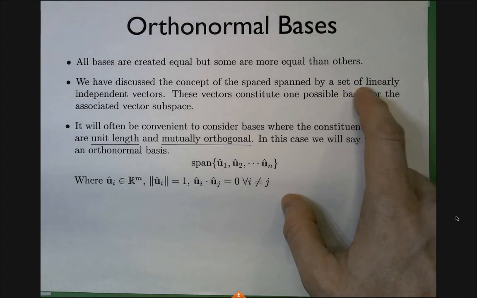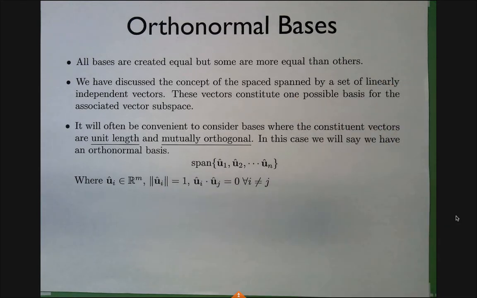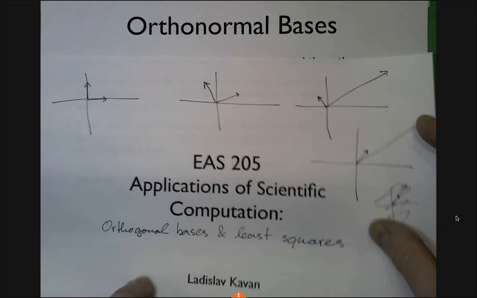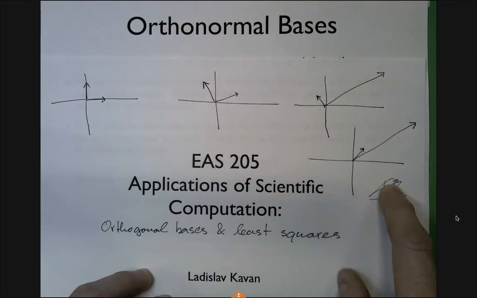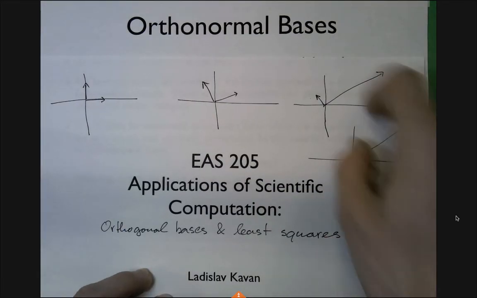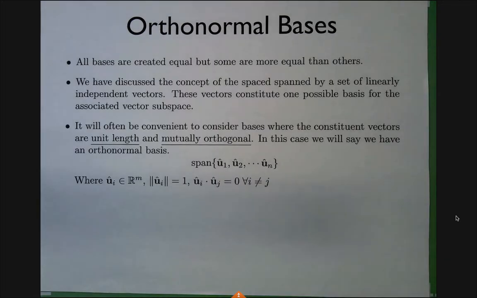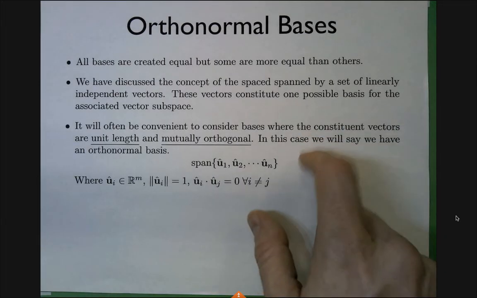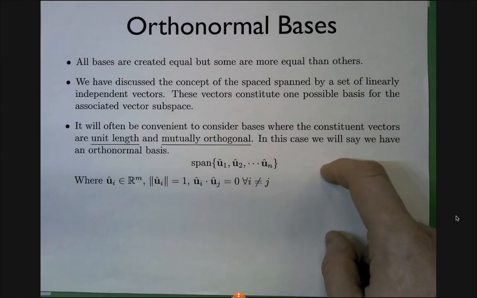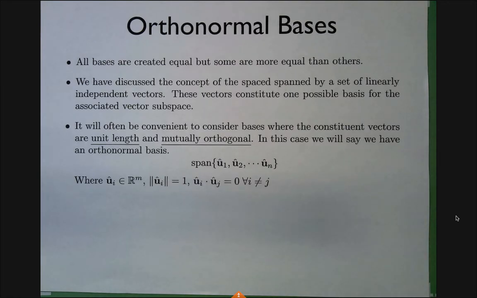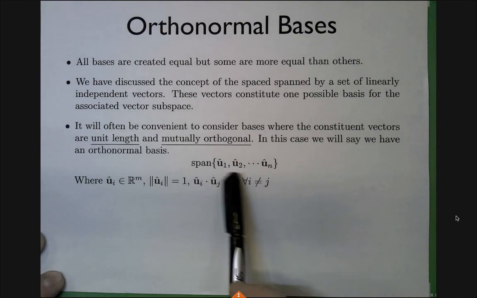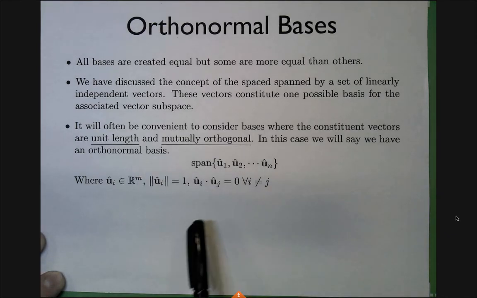A basis is, by definition, any set of linearly independent vectors that spans the entire vector space. So that's why all these choices here are valid. Not this one, the one that has the zero vector, but all these are perfectly fine bases. But if you can, it's usually a great idea to work with orthonormal bases. An orthonormal basis is a basis such that all the vectors are mutually orthogonal.